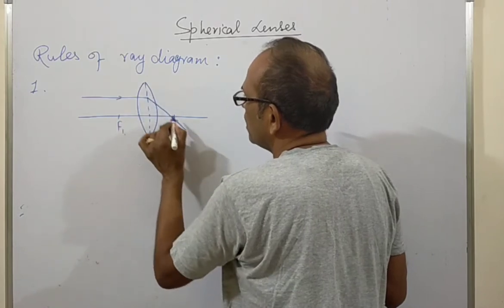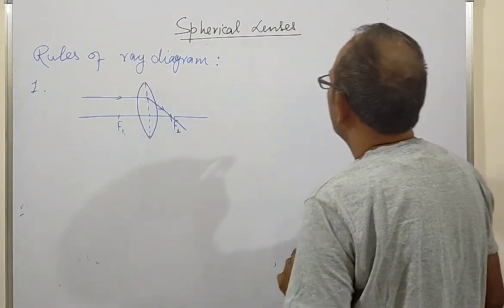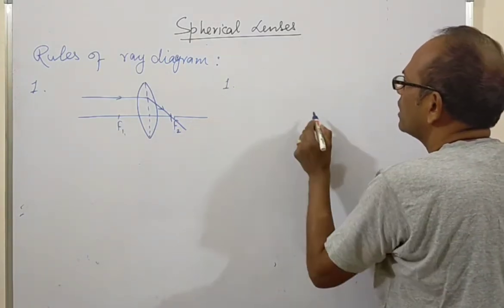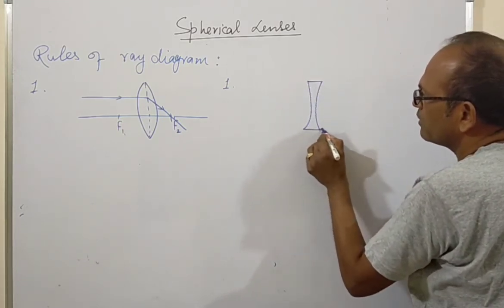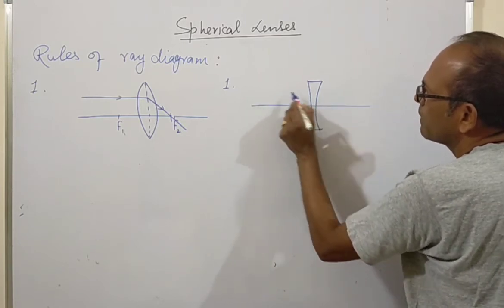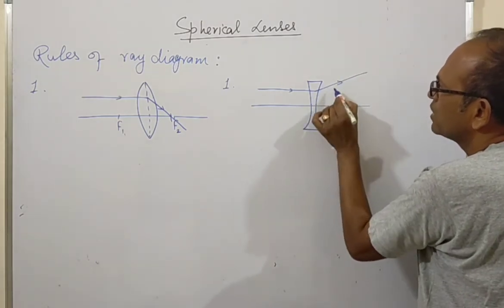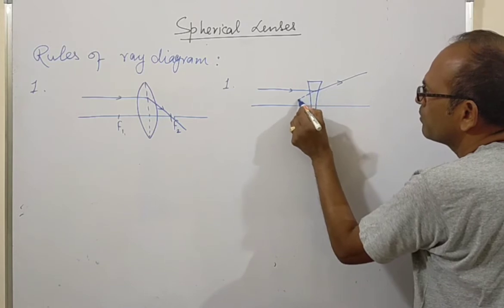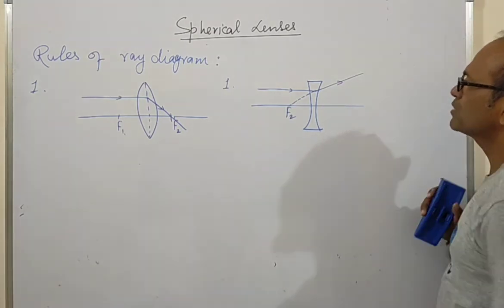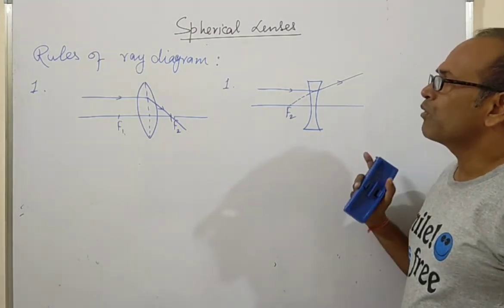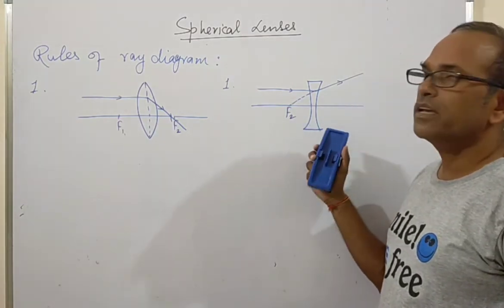So it passes through the focus. So this point is F2. If it is a concave lens, then what will happen? Similarly for a concave lens, I take the principal axis, and a ray of light parallel to the principal axis. It is a diverging lens, so it appears to diverge from the second principal focus. So this is the first rule for convex and concave lens.